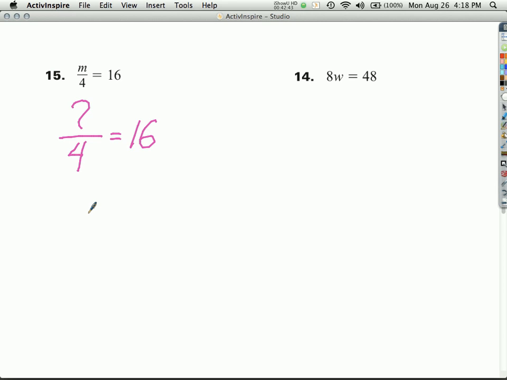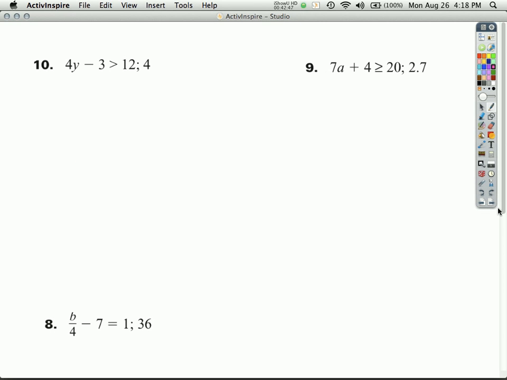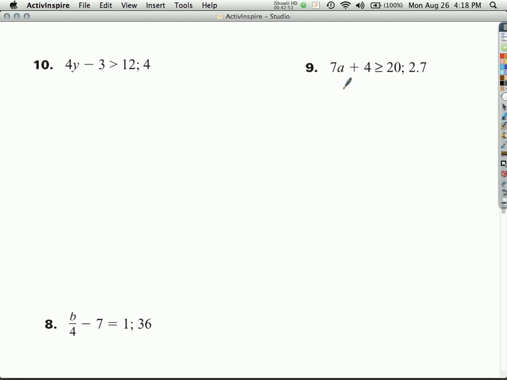Okay, Marie, you had a question on number 9? Yes. Okay, so number 9. So you were asked to determine whether or not this was a solution. So you plugged in the 2.7, added 4, and then you had to see, was that greater than or equal to 20?